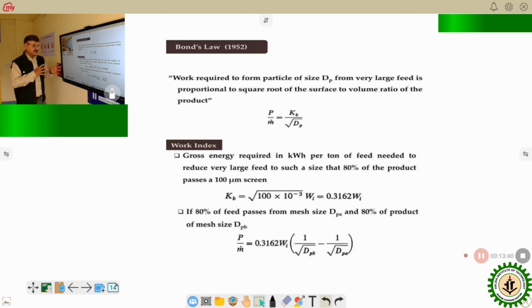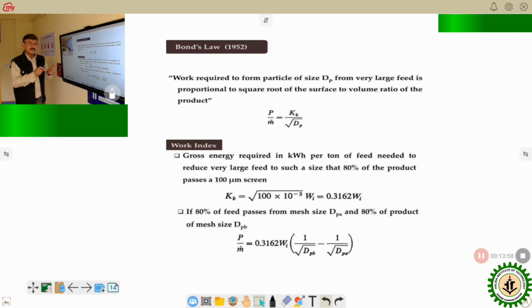Here one concept was developed, called the work index. It is the gross energy required in kilowatt hours per ton of feed needed to reduce very large feed to such a size that 80% of the product passes through a 100 micrometer screen.